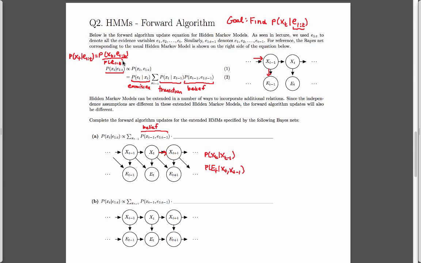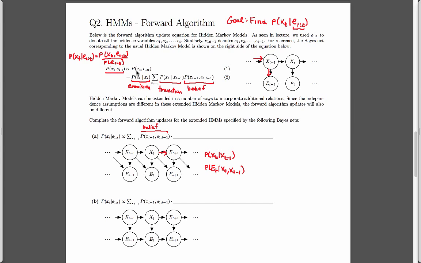You can think of the probability of your evidence as a constant factor because you have already observed this evidence, so this is just some constant. Therefore these are proportional, and once we go through all the updates and have determined what we're proportional to, at the end of the algorithm we can normalize.